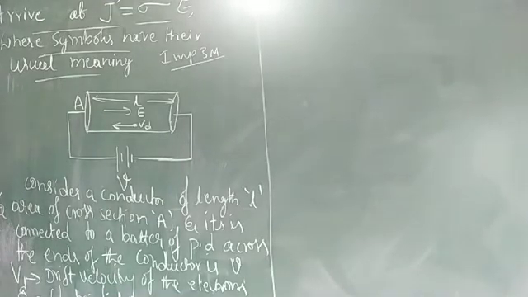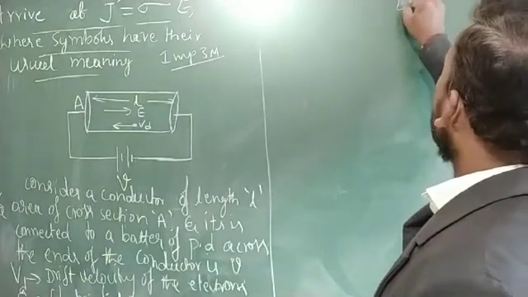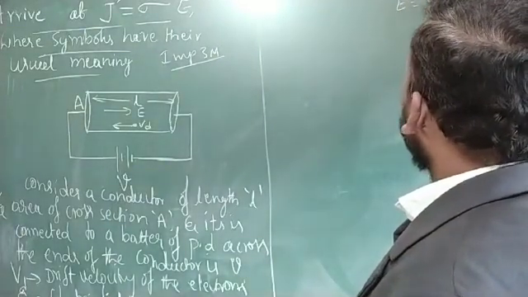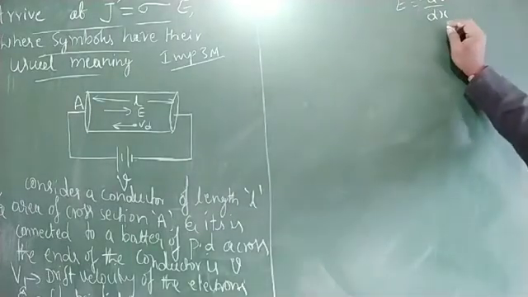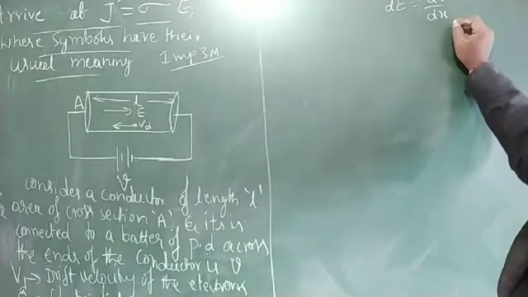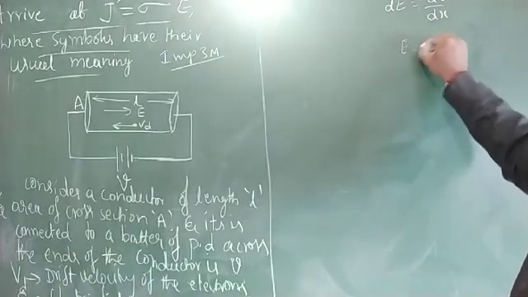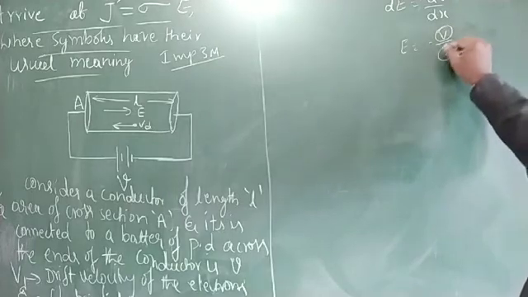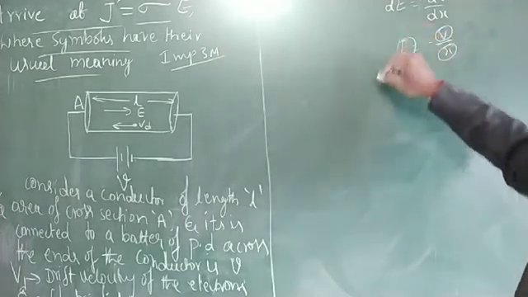Therefore, the uniform electric field in a conductor is given by, we know that E is equal to minus dV divided by dx, or E is equal to minus V divided by x. V is the potential difference, x is the distance, and E is the electric field.